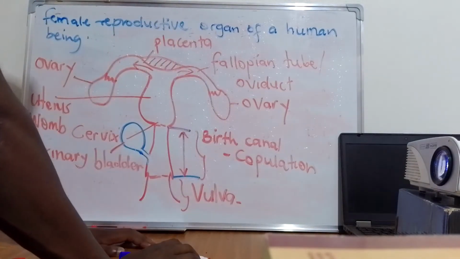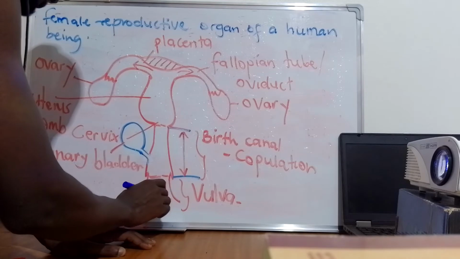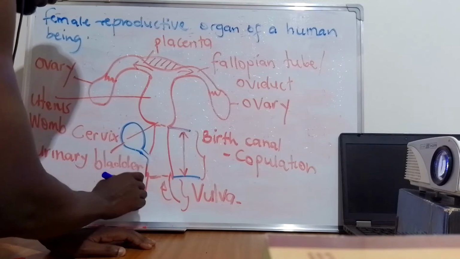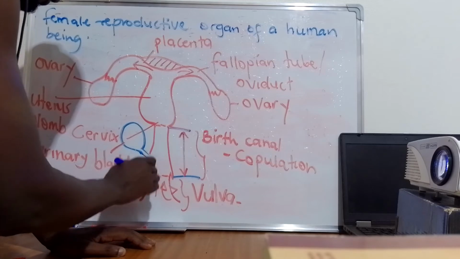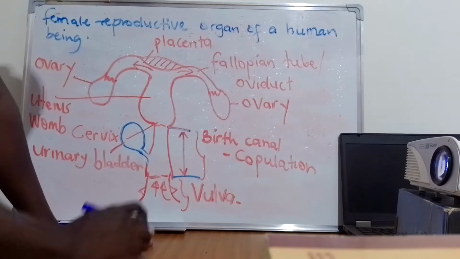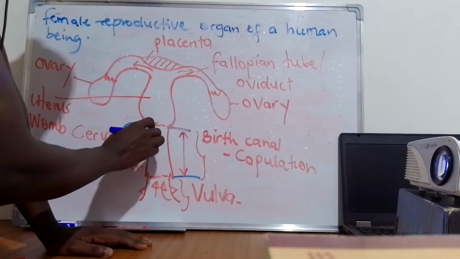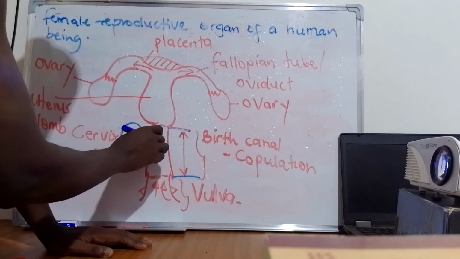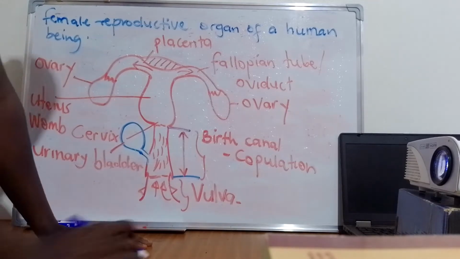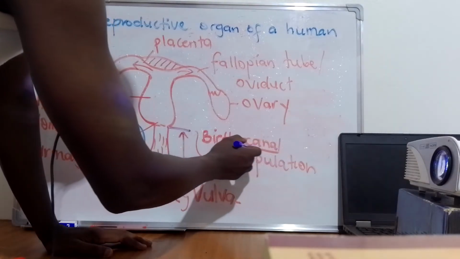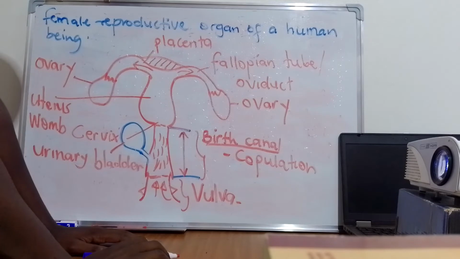The erectile muscle is guided by this vulva into the birth canal. The birth canal is a place where the semen is deposited.